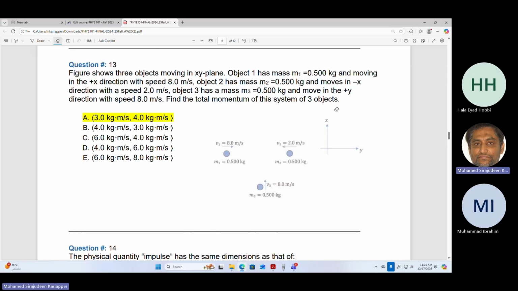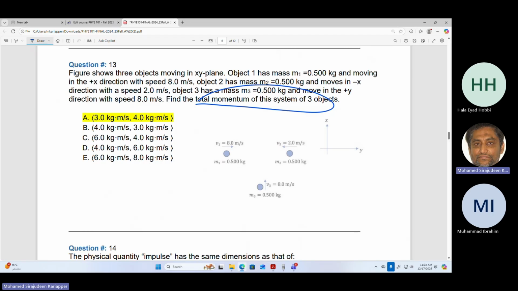This is an easy question in the sense, just the definition question. We have three objects having different momentum. We are asked to find the total momentum of the system of three objects.